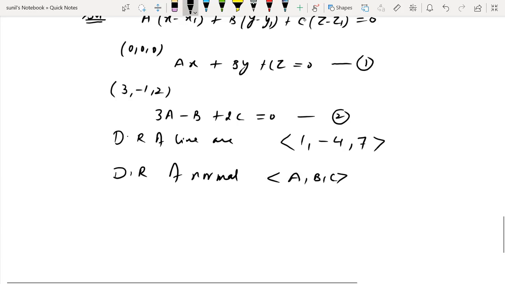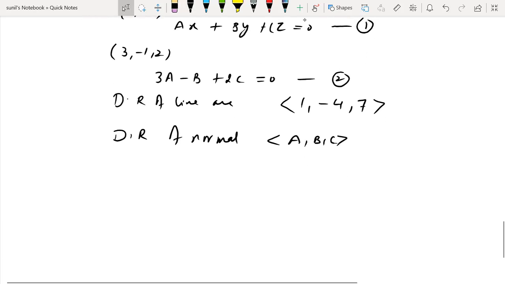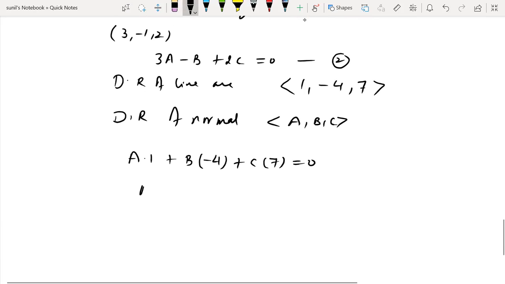It means normal will be perpendicular. So we have a into 1 plus b into minus 4 plus c into 7 is equal to 0. That is a minus 4b plus 7c is equal to 0.